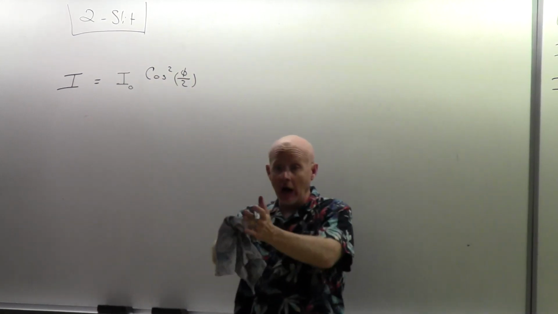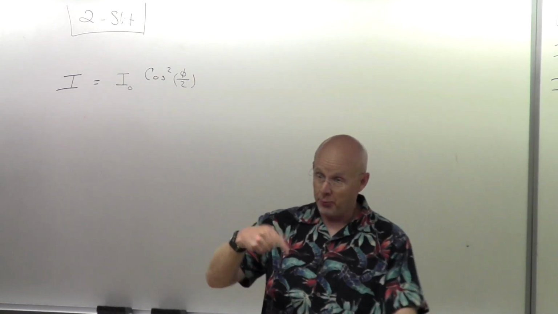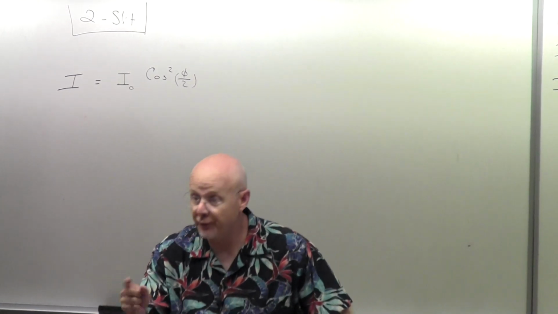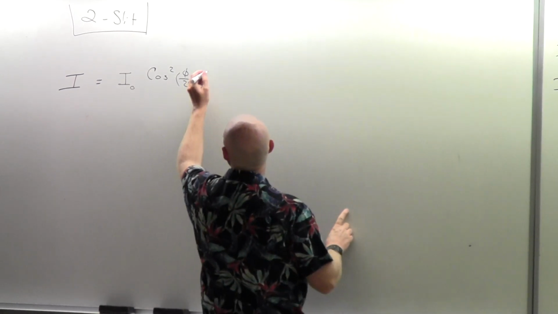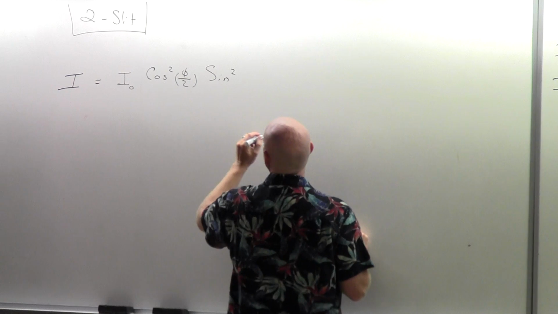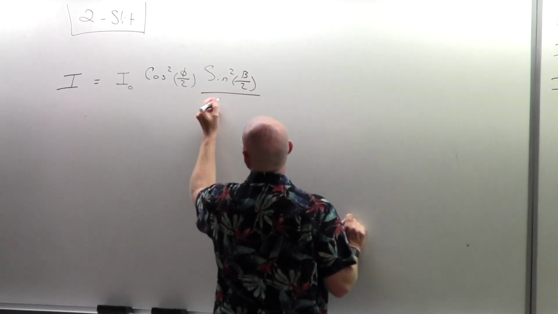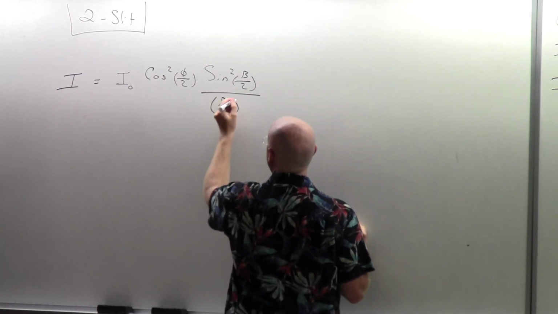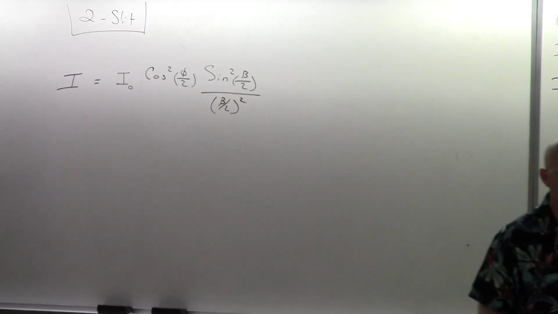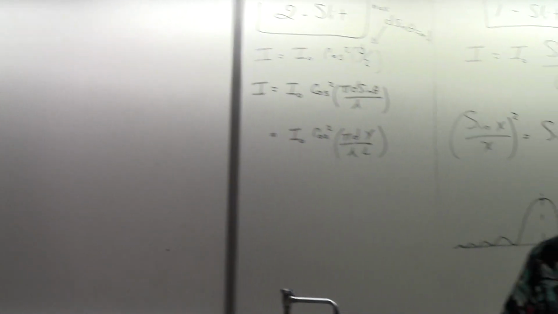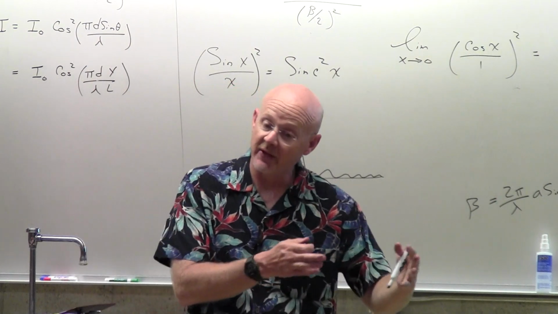But as I moved away from center, I would expect it to be going bright, dark, bright, dark due to the interference of the two slits. But in addition to that, I would expect it to go bright, dark from the fringe pattern or the interference pattern that is created within the slit itself.